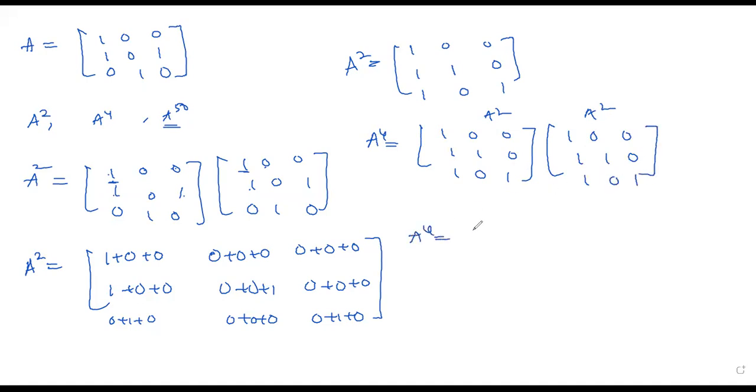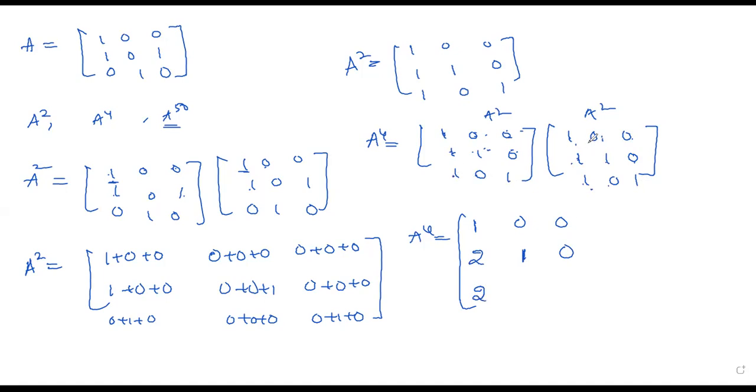A power 4 is equal to, we know the matrix multiplication now, so I will do it directly: 1 into 1 1, 0 and 0. That means here only 1, here also 0, here 0 0 0, here 1 plus 1 plus 0, that means here we are getting 2.